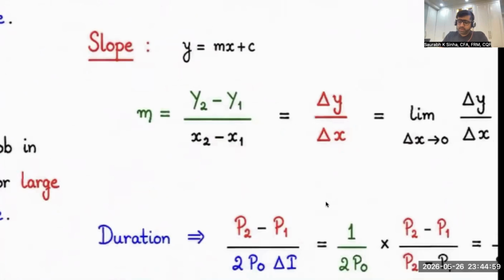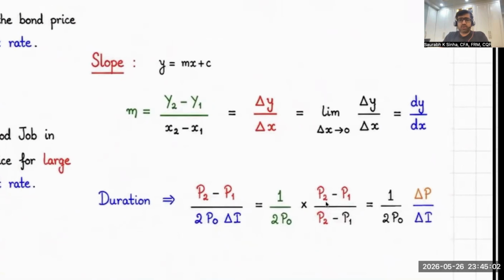Do you remember slope from your class 9th, 10th or school days? You might have discussed slope in the equation of a line, y is equal to mx plus c, where m was the slope. What was the formula of m? The formula for m was (y2 minus y1) upon (x2 minus x1), or change in y upon change in x.